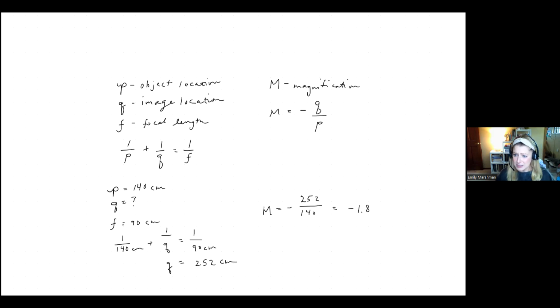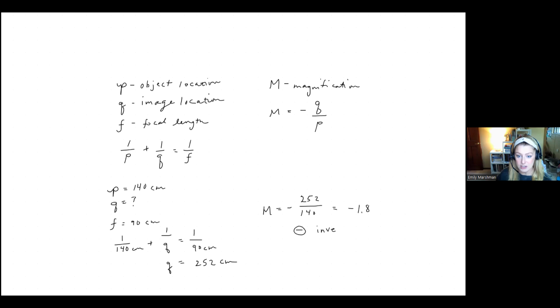So what do all these numbers tell me? First of all, image location is positive, so it's going to be in front of the mirror, on the same side of the mirror as where the object is actually located. So if these are both positive, they're on the same side of the mirror. And the magnification is negative. What does that tell me? If magnification is negative, that tells me that the image is inverted.